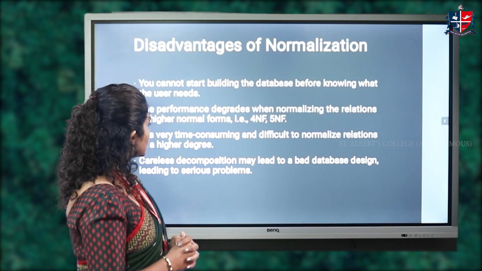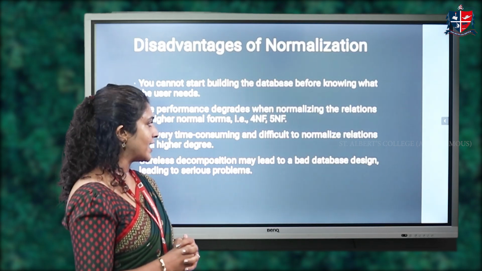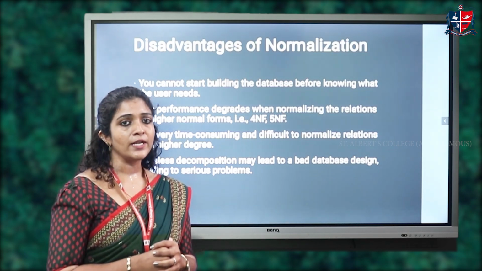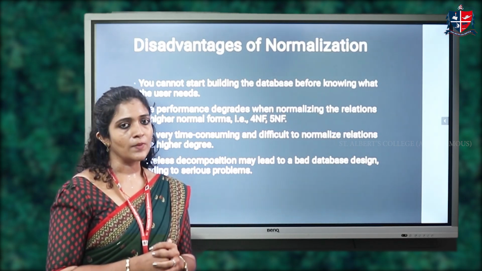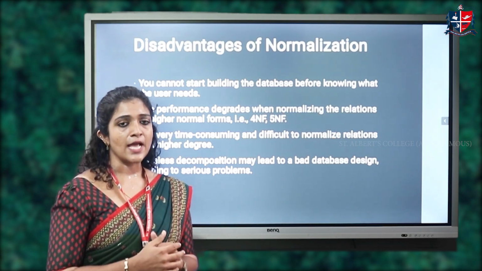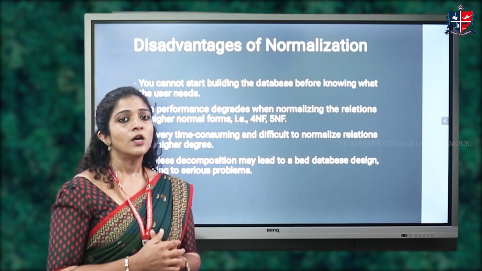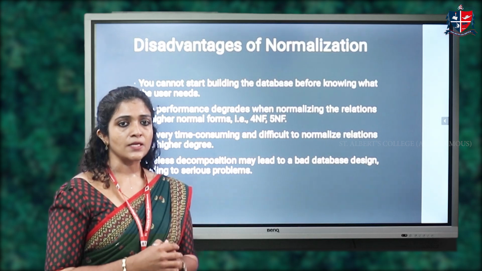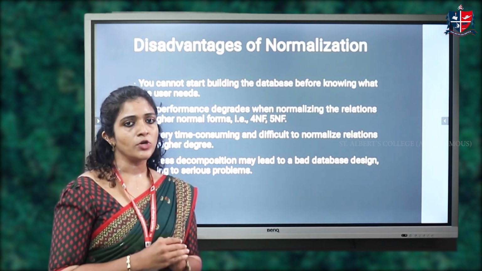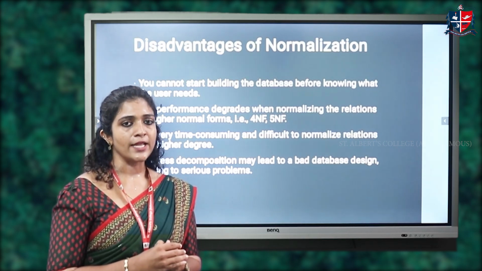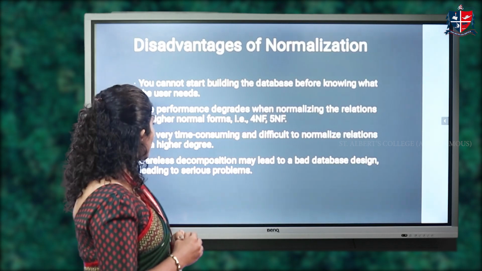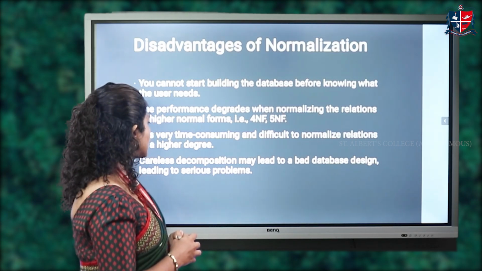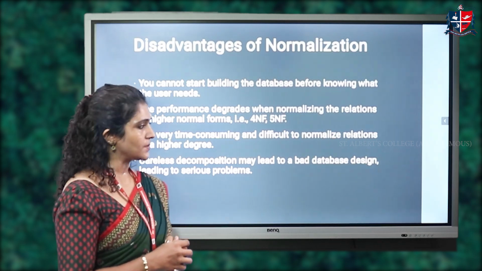Normalization is very time consuming and difficult to do for relations of higher order. It takes a lot of time to normalize the tables into higher orders, and it is also a complex task to normalize the tables to higher orders like 4NF, 5NF, etc. Careless decompositions may lead to bad database designs, leading to serious problems.